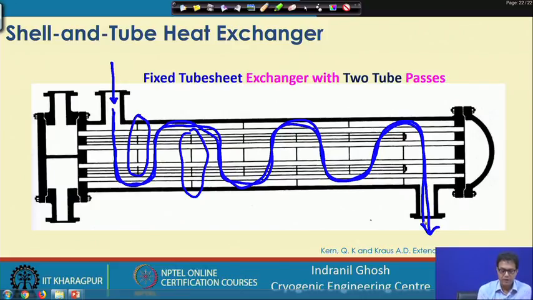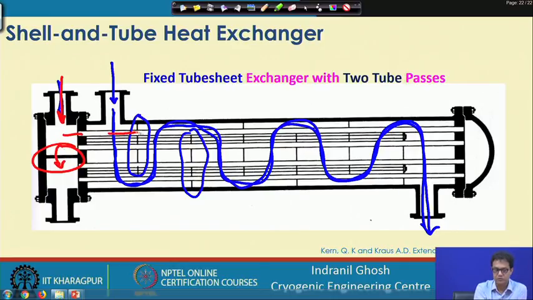On the other hand, we have the tube side fluid, which may enter from here. It enters through this space, and you see we have a divider at this place, so it is not able to come from here to this point.